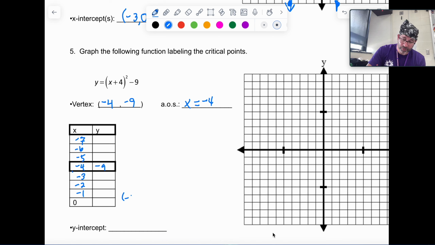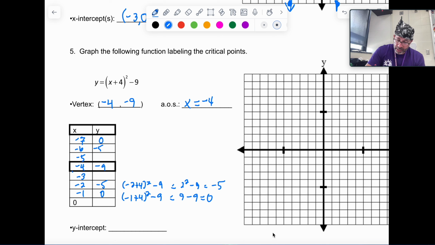So we're going to have negative 1 plus 4 squared minus 9. That's going to equal 3 squared, which is 9, minus 9, which is 0. Okay. Then we're going to have a negative 2 plus 4 squared minus 9, which is going to be 2 squared minus 9, which is 4 minus 9, which is negative 5.